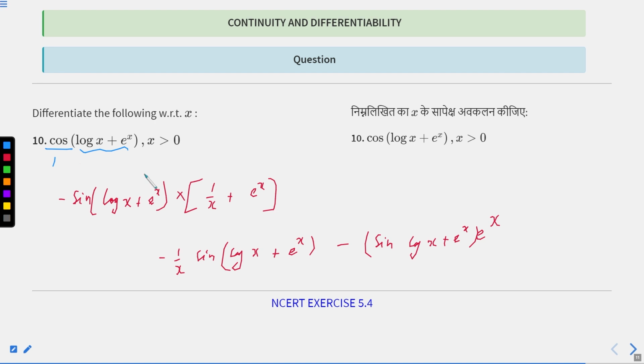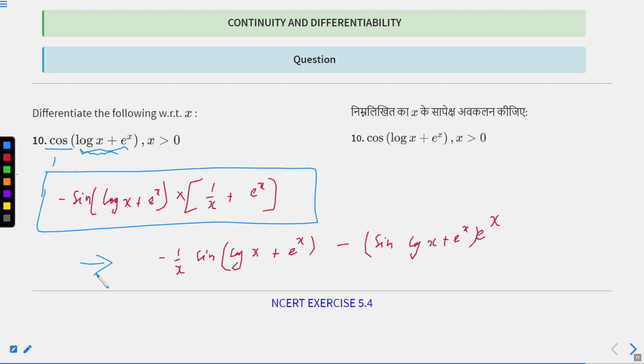Now multiply with the derivative of the inside, which will be 1 by x plus e^x. If you leave your answer here, this will also be good. If you simplify it, it will also be good. So far so good. We have arrived at our answer.